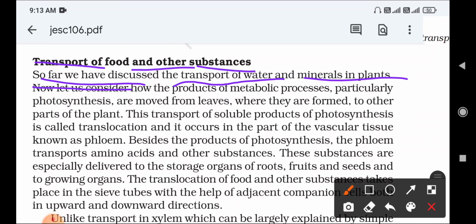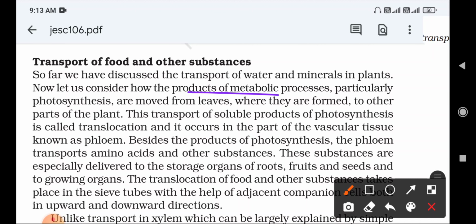Now let us consider how the products of metabolic processes, particularly photosynthesis, are moved from leaves, where they are formed, to other parts of the plant. How can they be transported, and which tissue performs this function? We have to discuss that here.